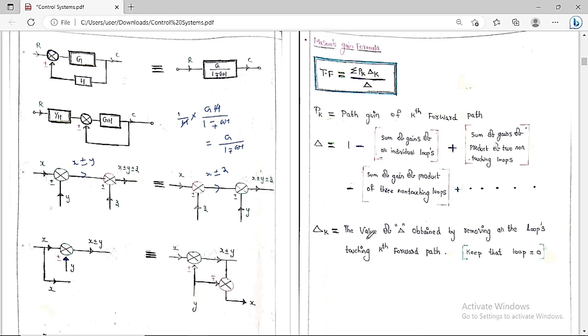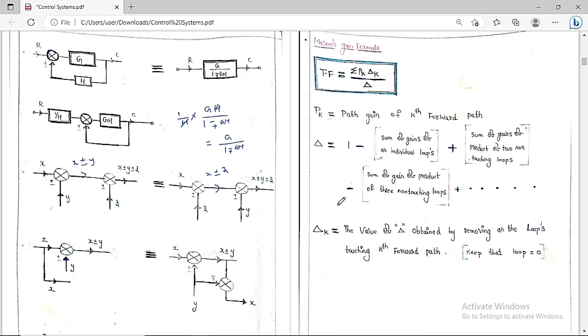So this is the point you always have to keep in your mind.